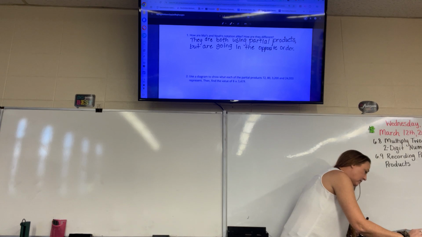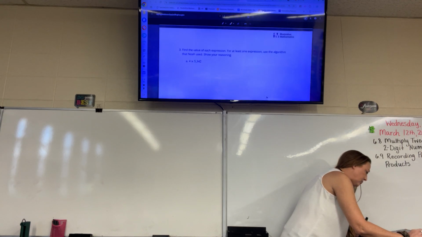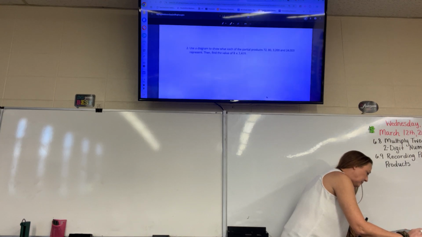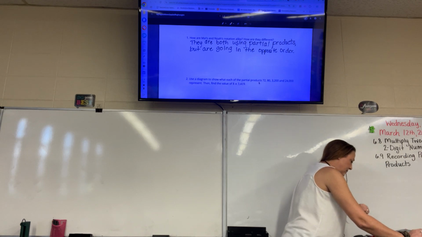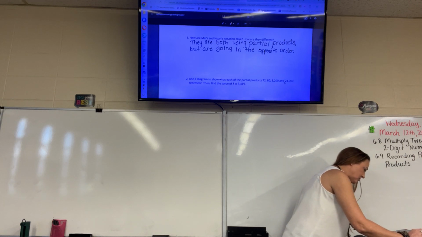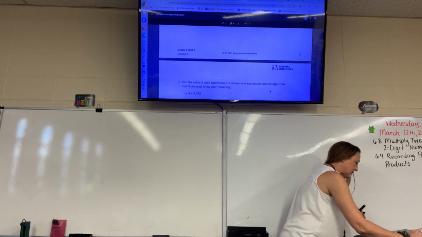Use it, so I think there's, hang on just a second, they've got 2 problems left, but number 2 says use a diagram to show what each of the partial products represent, then find the value. We're not going to do number 2, we're going to skip to the last page.